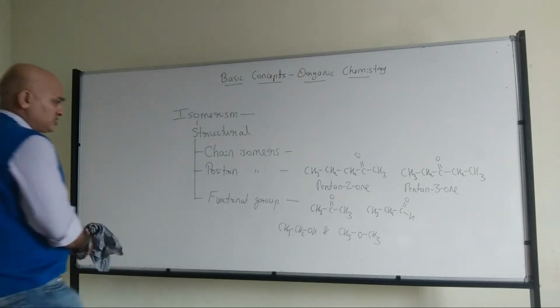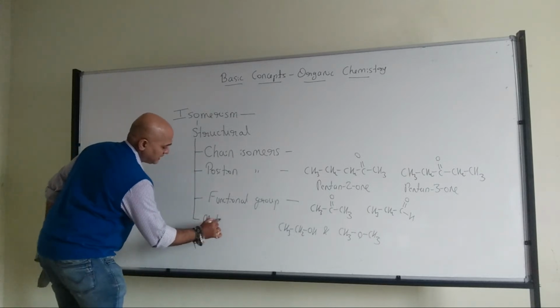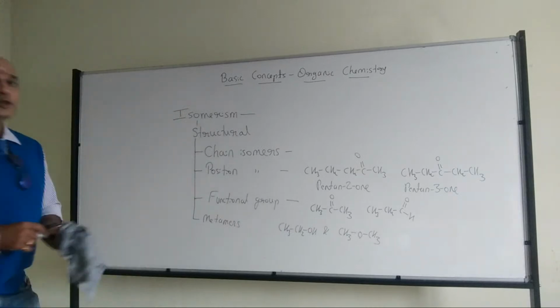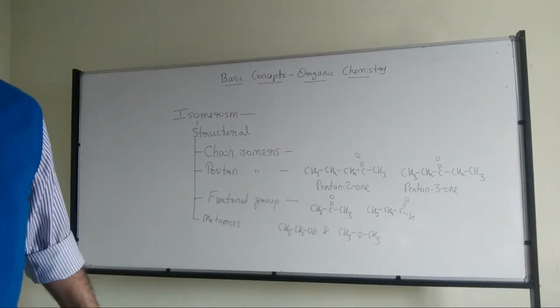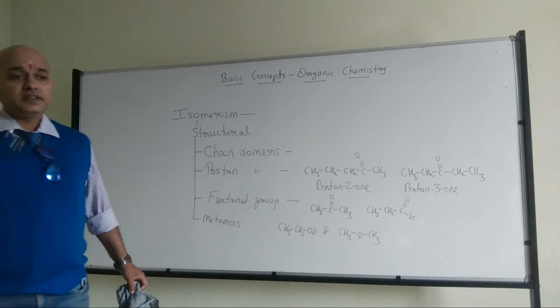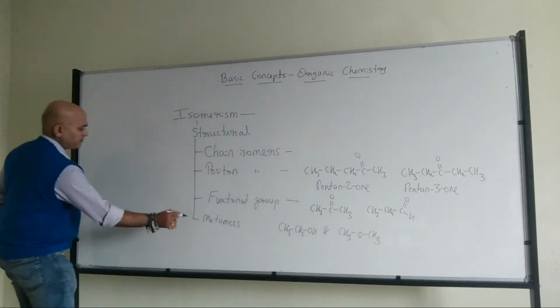And the last one is metamerism or metamers. So what do you mean by metamers? Where we have different substituents surrounding the functional group. Ethers can be the best example for this.